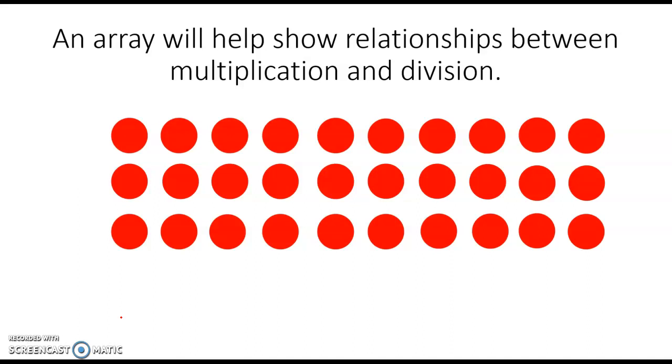An array will help show relationships between multiplication and division, so we'll be looking for those relationships. I want you to take a look at this array for a second on your own and decide what multiplication problem or problems you could write using this array.